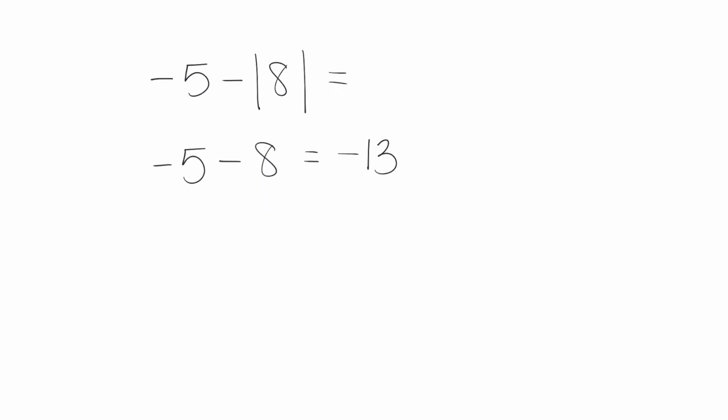Okay, let's keep going. Let's throw a little tiny wrench in here. What if we have the negative absolute value of 4, and we're going to add that to 6? This is acting like a bracket. So this negative, because it's written directly next to it, this is acting like a -1 being multiplied.